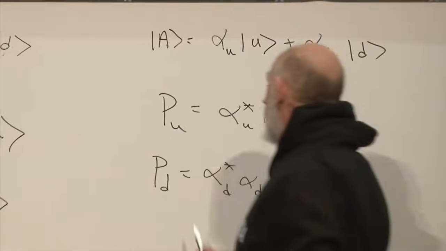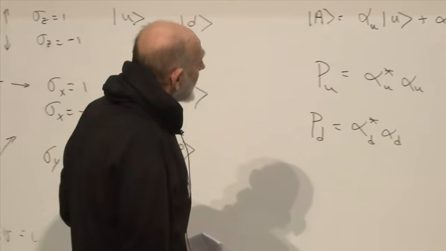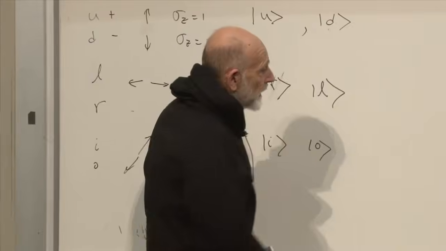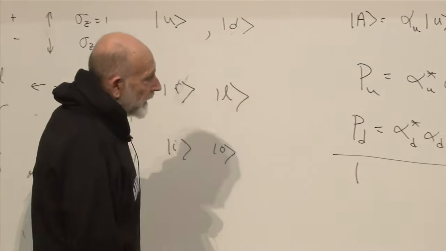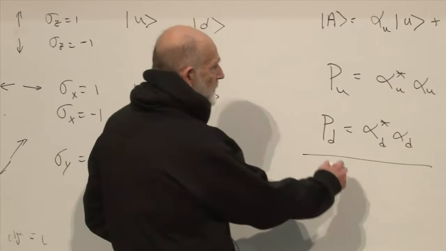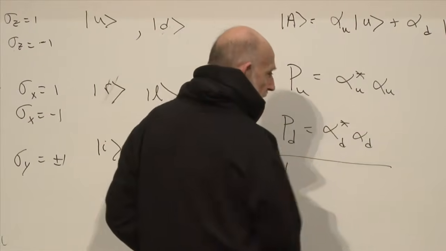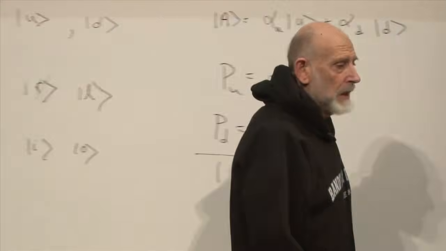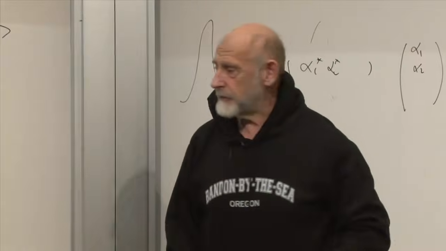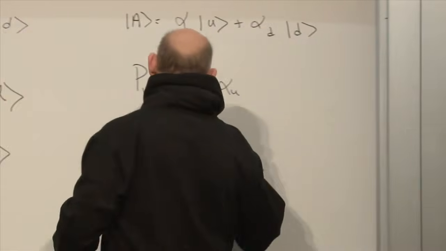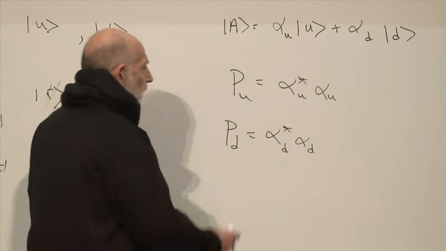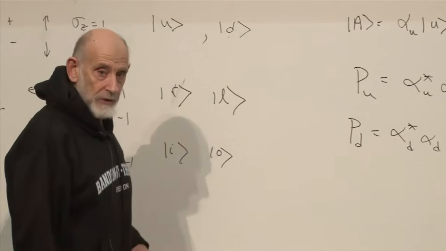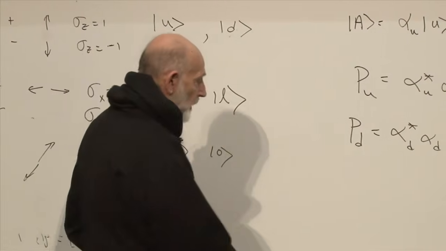Well, what's the relation between the probability for up and the probability for down? The answer is that if we add them, we get 1. And therefore, alpha star alpha plus beta star beta is equal to 1. Any reasonable state of the system which has total probability 1 for all the different things that can happen should satisfy that the sum of the distinct probabilities should add up to 1.